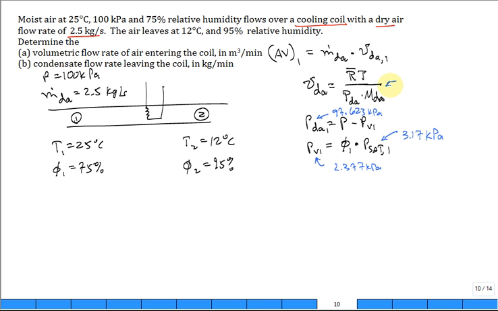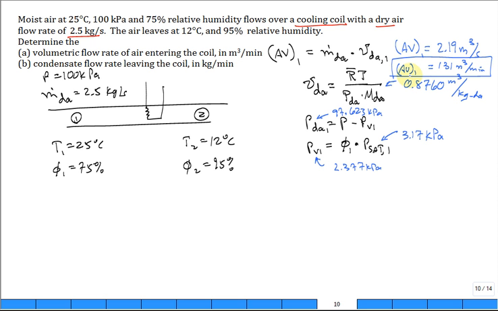The specific volume of dry air, 0.8760 meters cubed per kilogram of the dry air. And you calculate the volumetric flow rate, AV, coming in to be 2.19 meter cubed per second, which is also 131 meter cubed per minute. So there's the volumetric flow rate in. That's the answer to part A, okay?